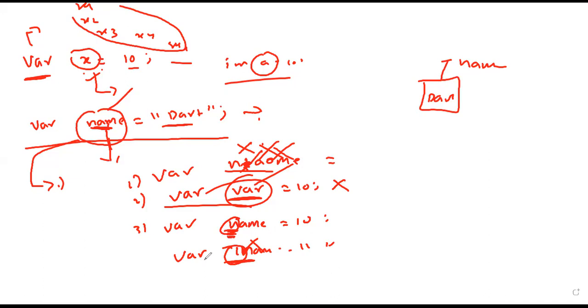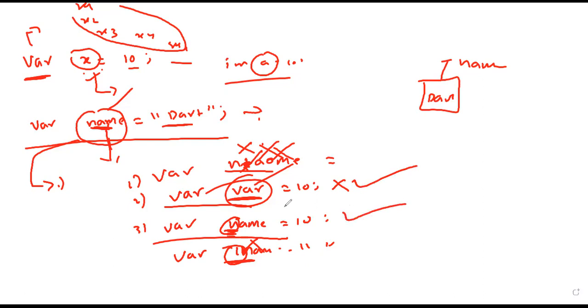Clear? What is rule number one? The alphabet should be there, the first letter. Next, another rule: cannot create with keywords. Okay, done.